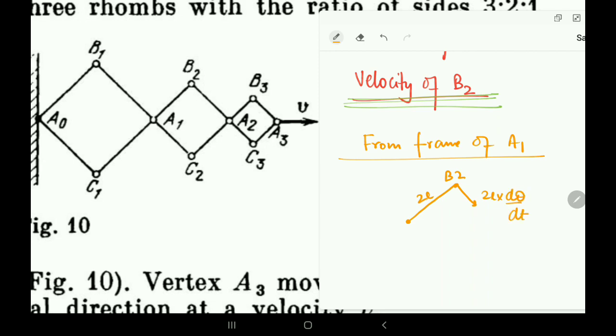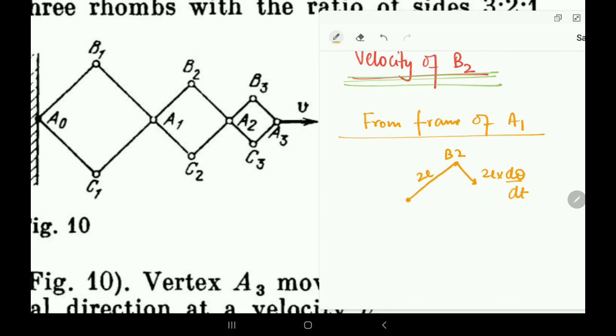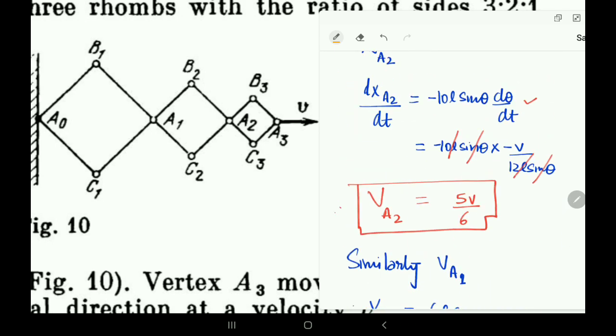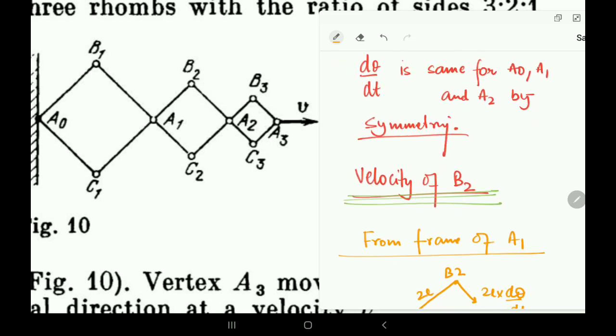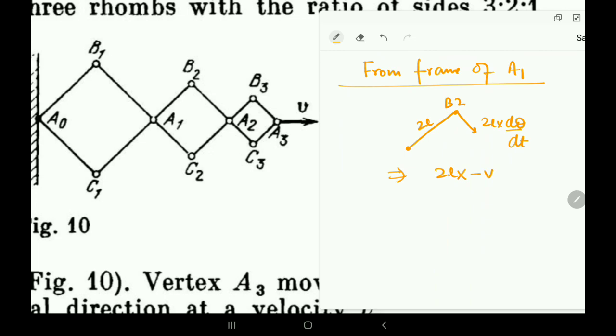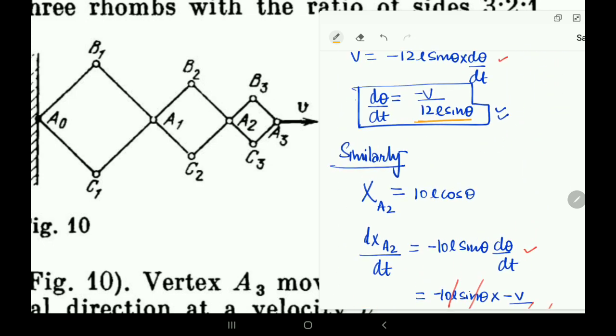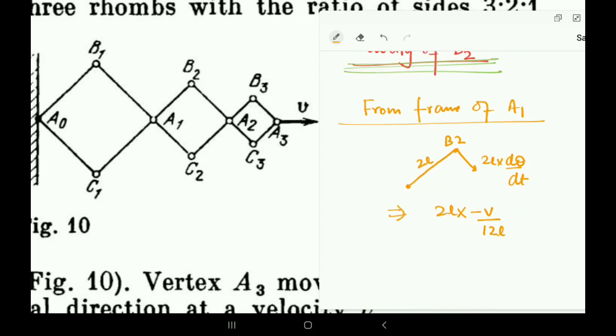All right, so 2L into d theta by dt, the tangential velocity is what? V is equal to omega into r, and omega here is d theta by dt, and the radius is 2L. So omega into r becomes 2L into d theta by dt, and you already know what d theta by dt is, we have calculated it.